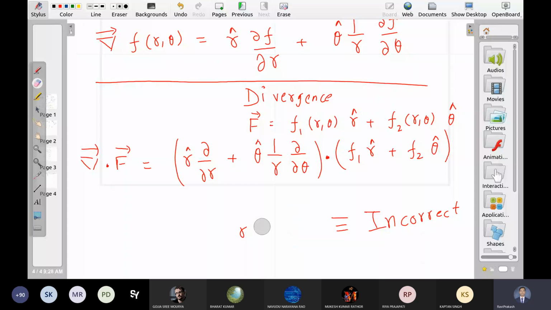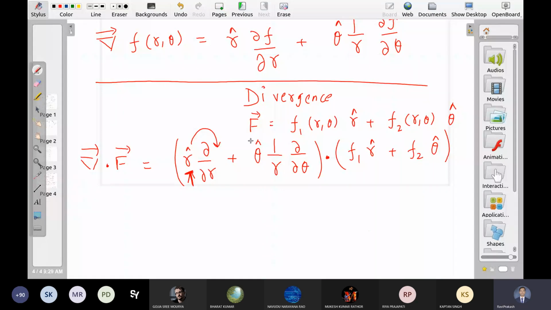Now again, let me emphasize. Here you cannot put this r cap on this side. Do you know why? r cap is a variable function now. r cap is not a constant. So this cannot move on this side.